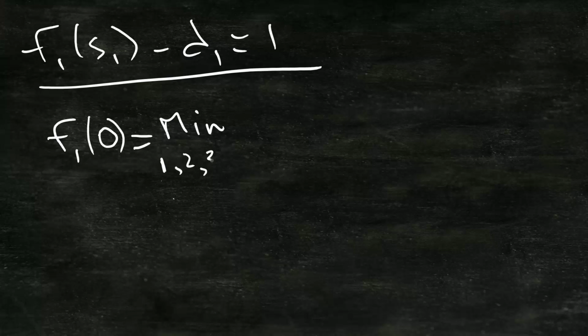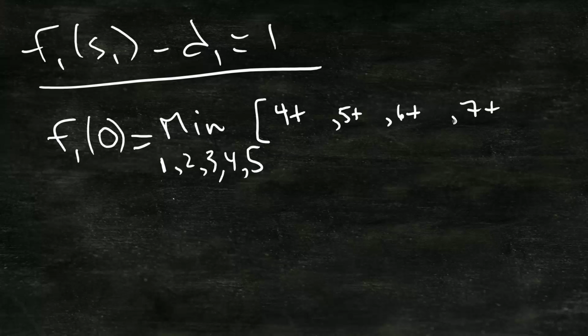And we can produce 3 or 4 or 5. If we produce 1, it'll be 3 plus 1 is 4. 5 plus, 6 plus, 7 plus.